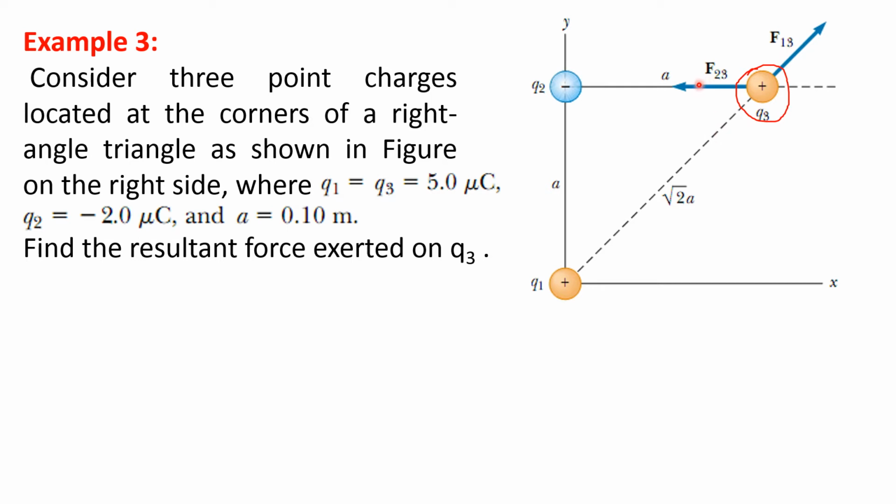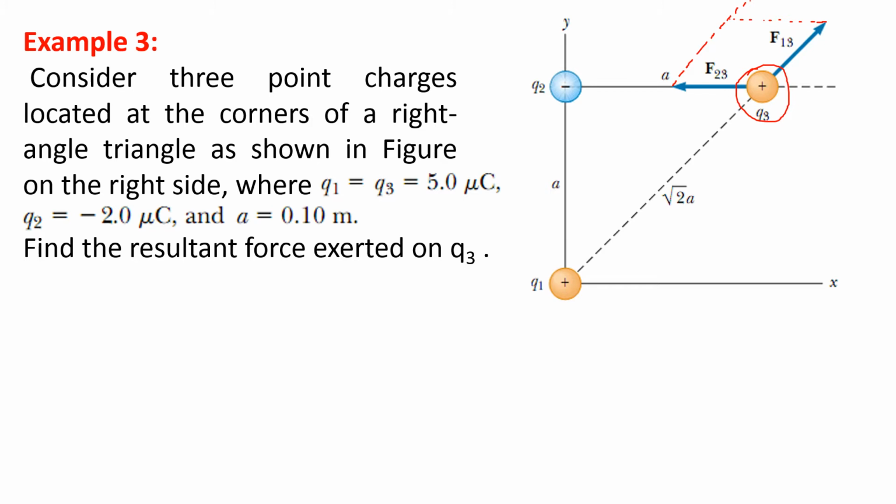Then we are asked to determine the resultant force on charge Q3. As we did in a previous question, the resultant force may be plotted geometrically by finding the resultant of the force that charge Q1 exerts on charge Q3, and then plotting a parallel to the force that charge Q2 exerts on charge Q3 and forming a parallelogram as follows.